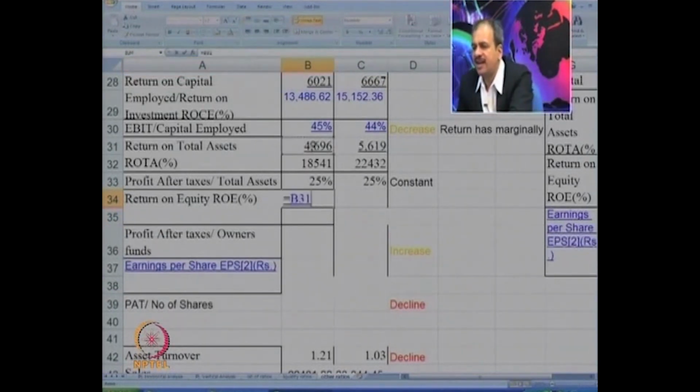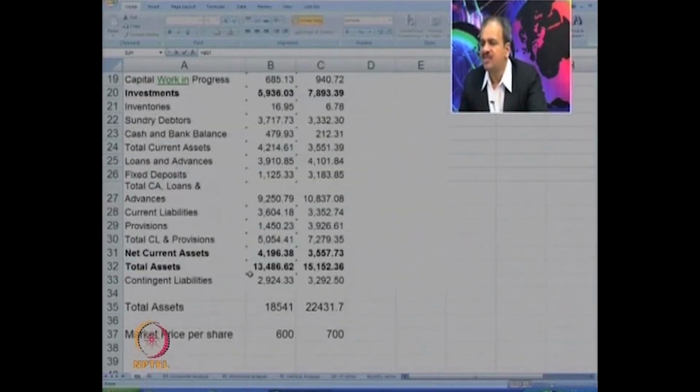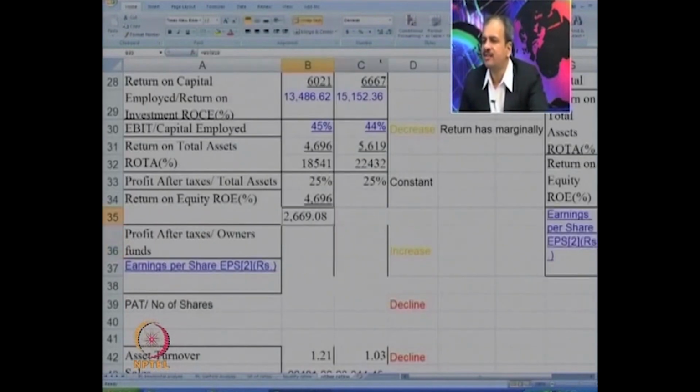So, profit after tax is, you know, it is 4696 and for owners fund we have to go to the balance sheet. The balance sheet figure of net worth is nothing but the amount of owners fund.